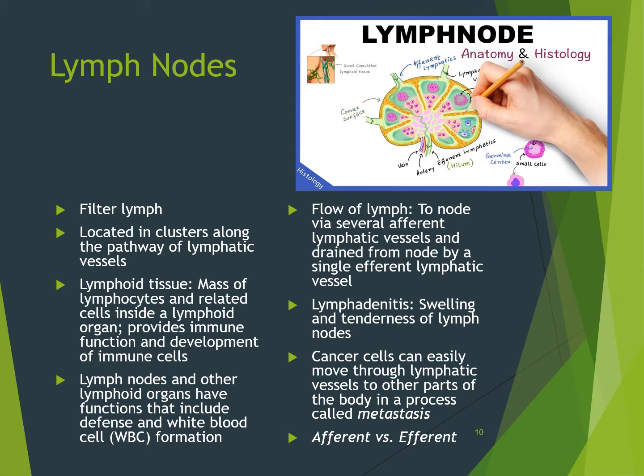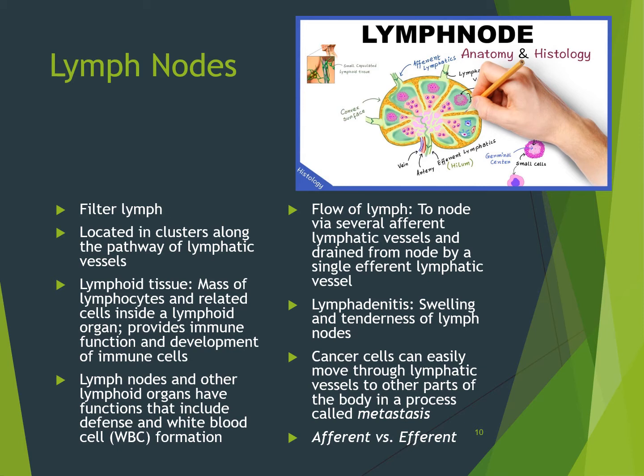Now, if you remember back to our lecture on tissues, reticular tissue is a fibrous connective tissue. Remember, it's made of these thin webs of collagen fibers, and it makes this net-like filter. And so particles get trapped there in this web of reticular fibers that are suspended in the lymph nodes.